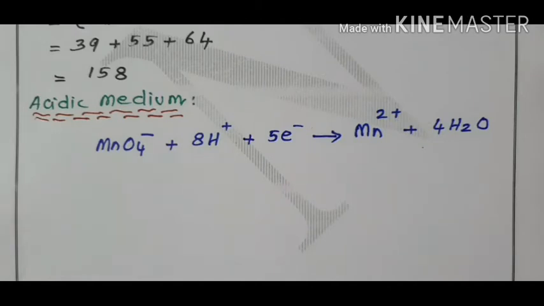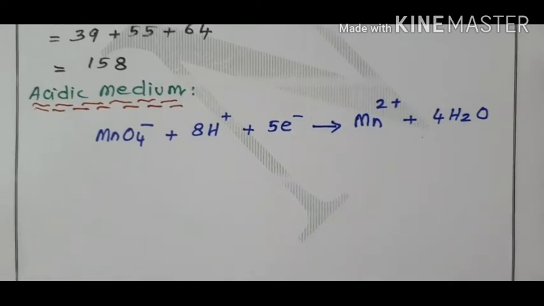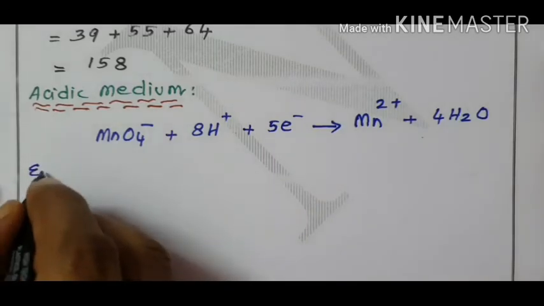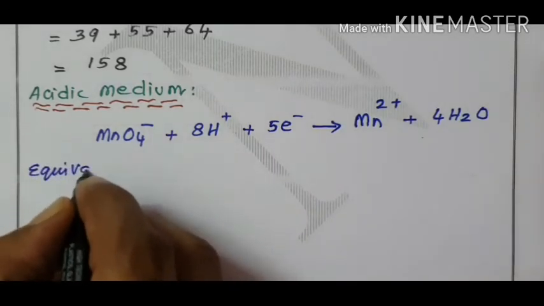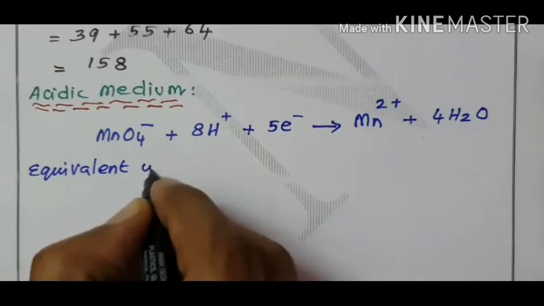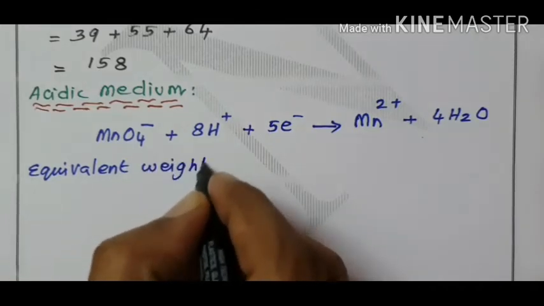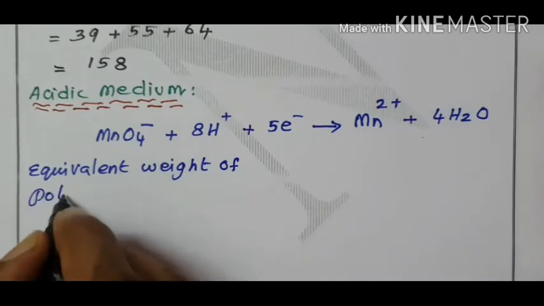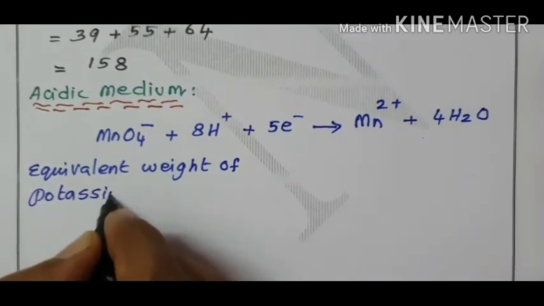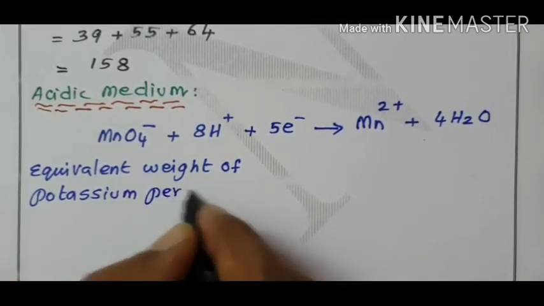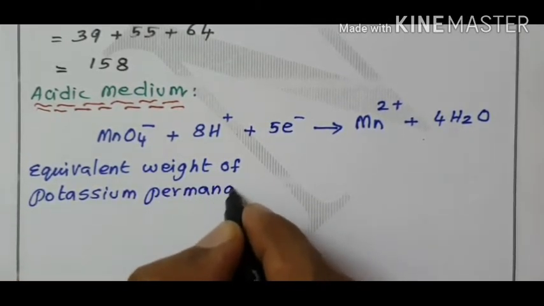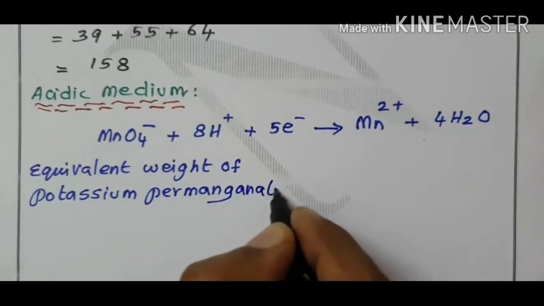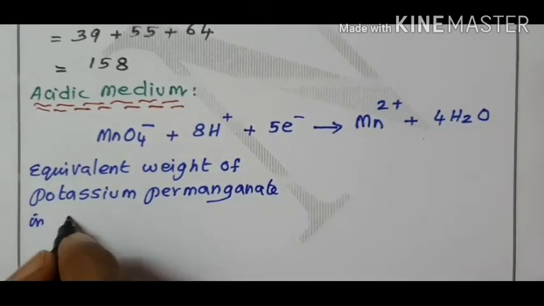So, after balancing, now we are going to calculate the equivalent weight of potassium permanganate, KMnO4, in acidic medium.